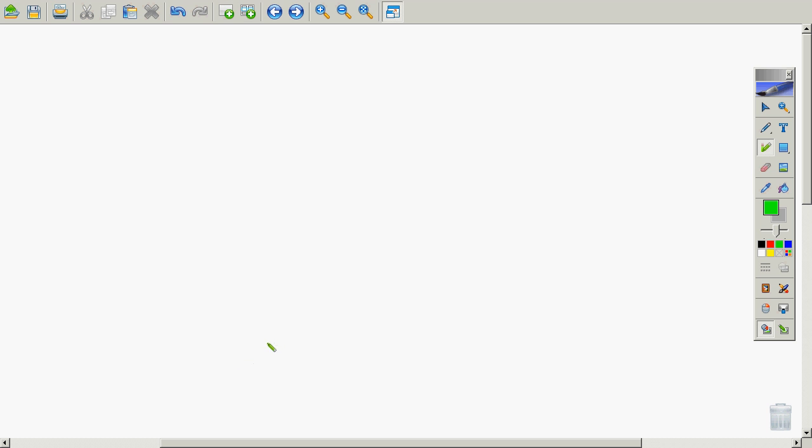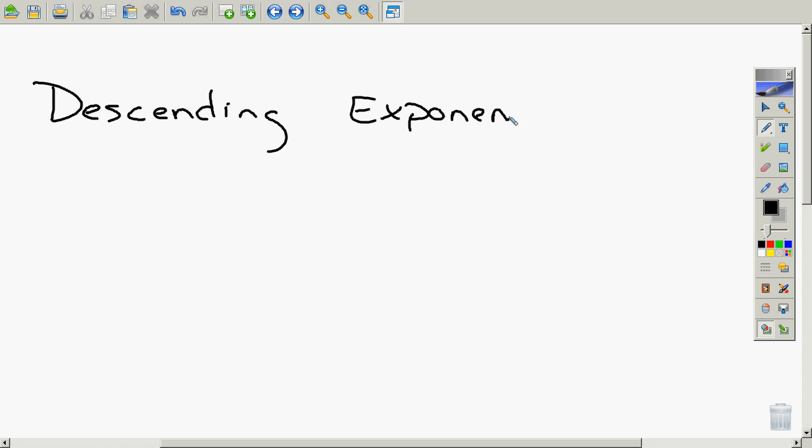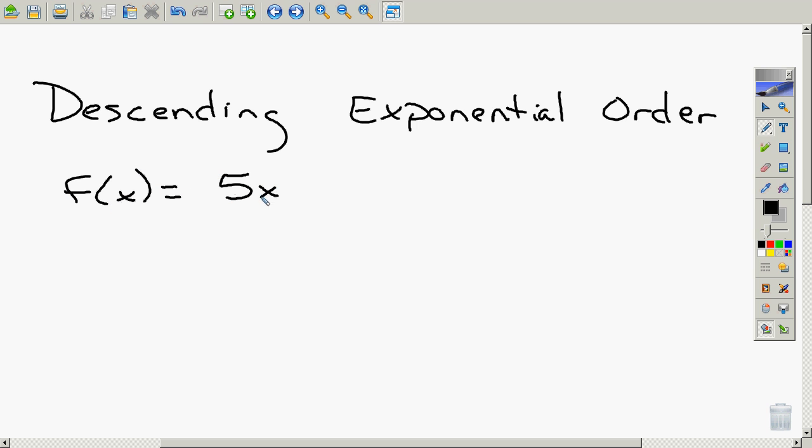Next, the second one here is descending exponential order. It's just the way that you're supposed to write functions. So if you see a function like this, it says 5x squared plus 2x to the 3rd plus 4x.